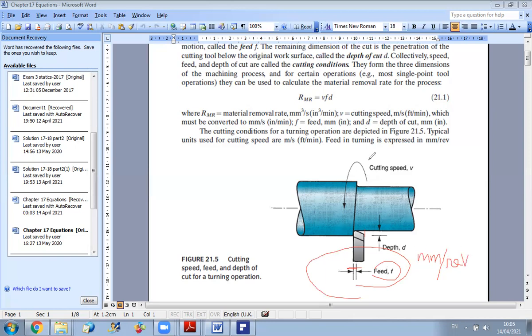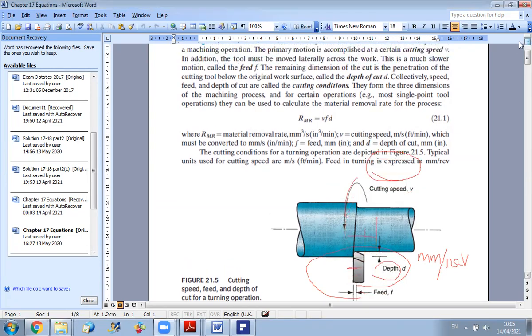Plus you have your turning work part, so you have here a certain cutting speed. So you have removal in depth, removal parallel to the work part, and removal in the tangential direction.